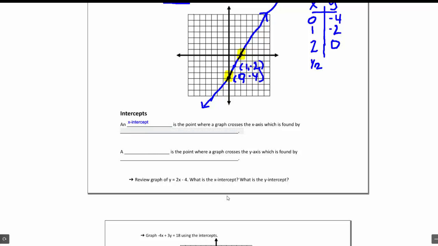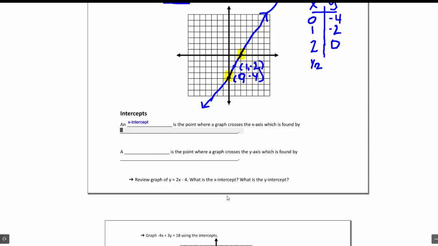So let's take a look at that x-intercept up here that's highlighted in yellow. It's the point (2, 0). Something you're noticing when you're doing the x-intercept is that you're not going up or down. You're staying right there on line with the origin. So that means the y value is 0.